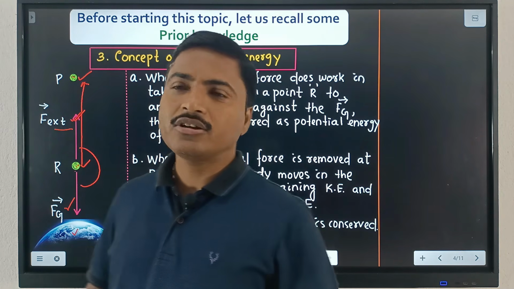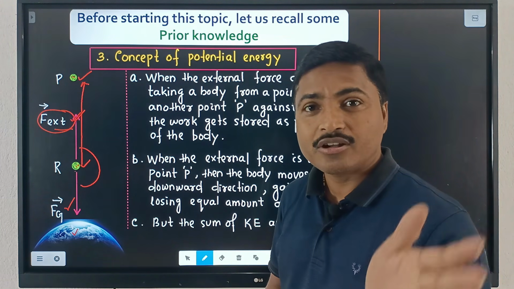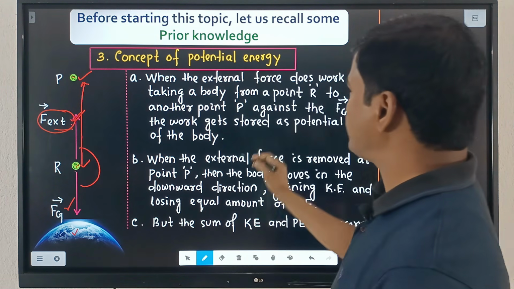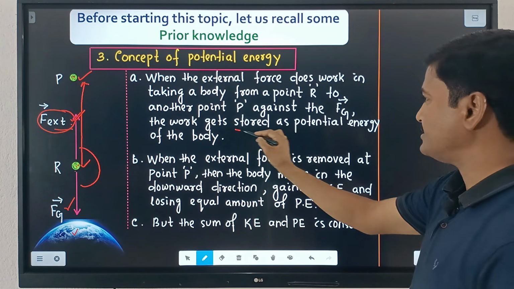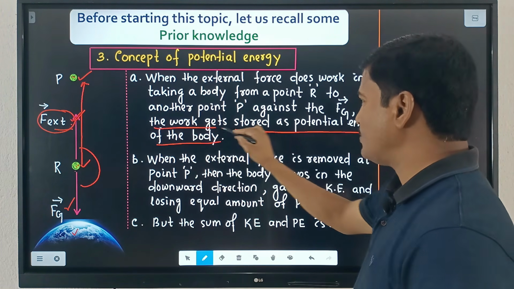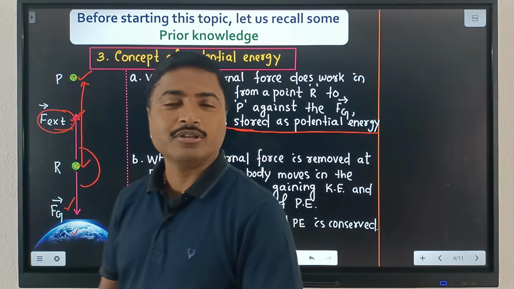That means work is done by this external force. And work done by this external force is stored as potential energy of the body. This work done is stored as the potential energy of the body.